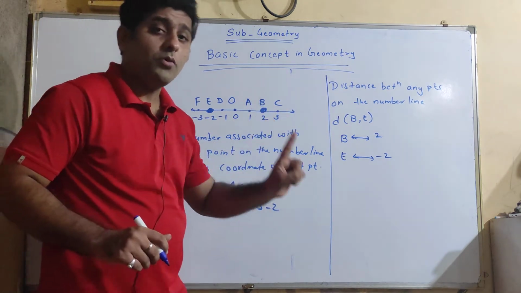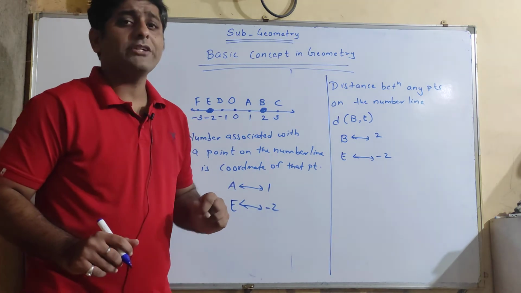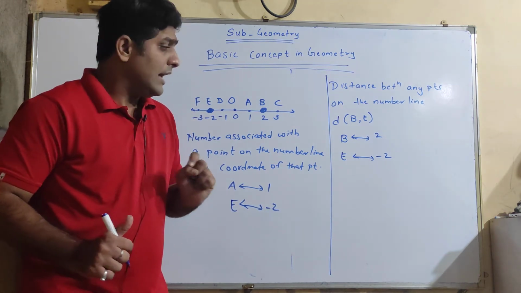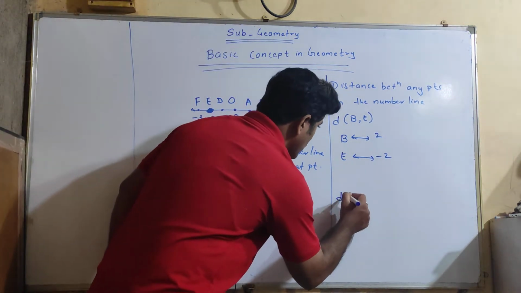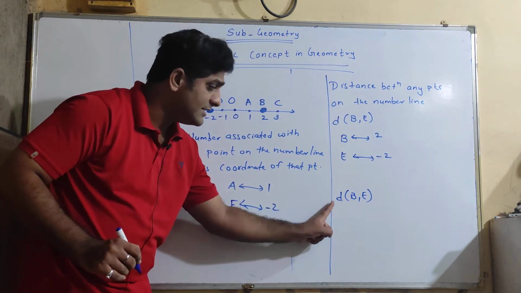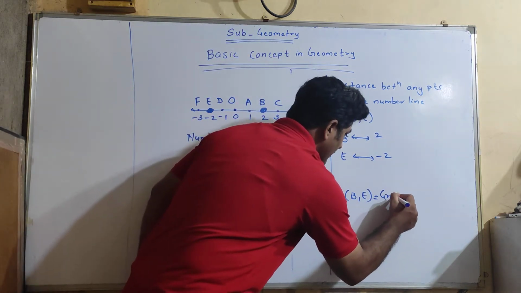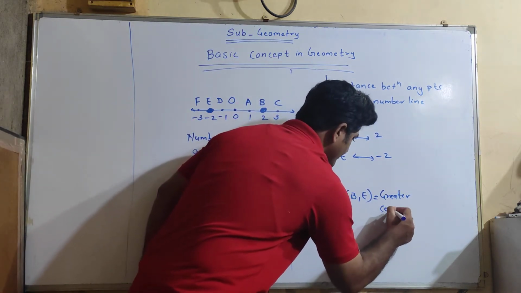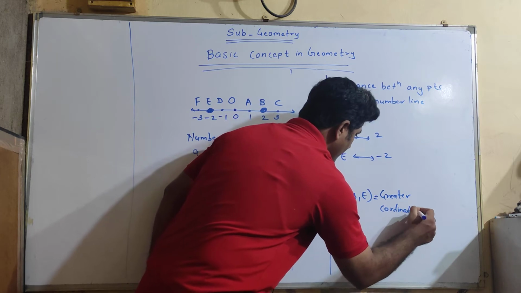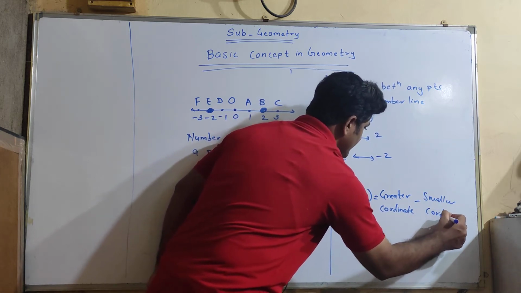Now remember, students, since we are supposed to find the distance between these 2 points, that is B and E, there is a formula to find distance between any two points on the number line, and the formula goes like this. Suppose I want to find distance BE, so it is represented like this, distance BE, and the formula is greater coordinate minus smaller coordinate.